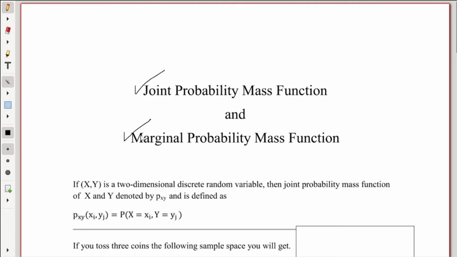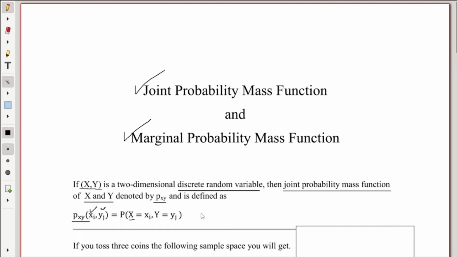So let us define what is joint probability mass function in brief. If you have a two-dimensional discrete random variable, then the joint probability mass function of X and Y, denoted by p_XY, is defined as p_XY(xi, yj) = probability that X is equal to xi and Y is equal to yj.